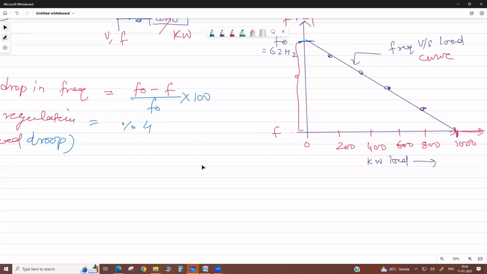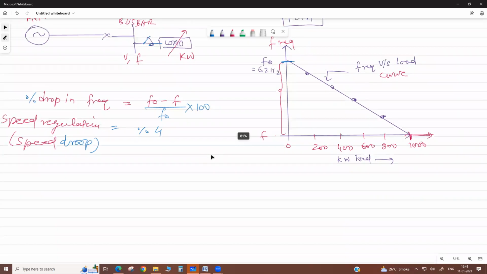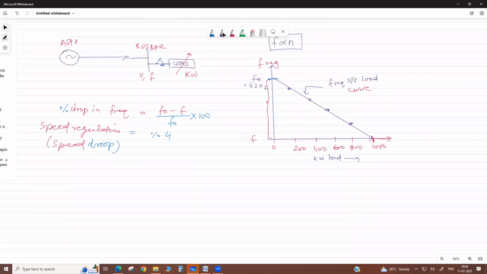Now, for a single machine, if you change the droop setting, what happens? Suppose we increase the droop setting from 4% to 5%. The slope of this curve increases and it shifts downward, so for the same kilowatt there is more drop. Now see, this is 4,000 kilowatt.